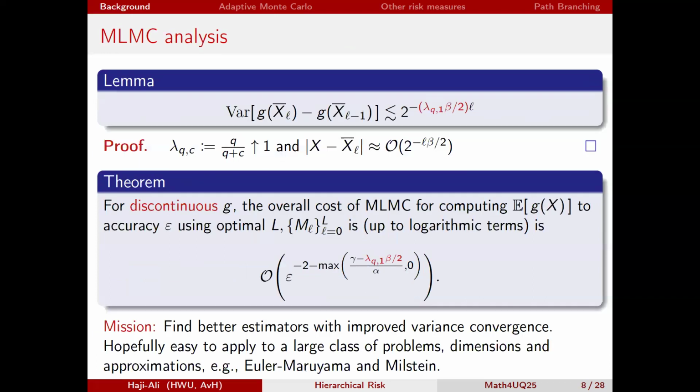So with these two assumptions, one can show the variance of G of XL minus G of XL minus 1. Recall, if G was Lipschitz, I could use the fact that G is Lipschitz to say that this is the same as the variance of XL minus XL minus 1, so converging at rate beta. But because of the discontinuity, I have to use these previous two assumptions to show that it's this order.